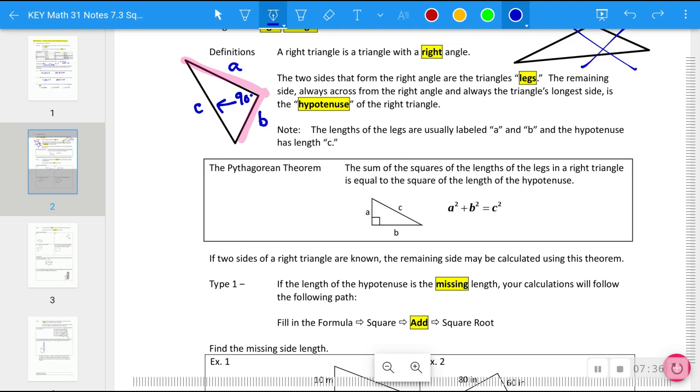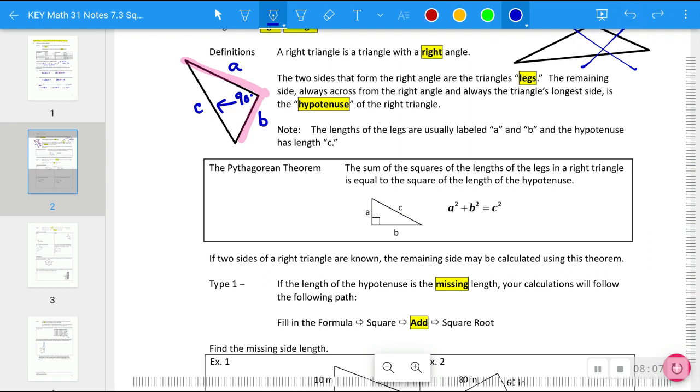Okay, the sum of the squares of the lengths of the legs of a right triangle. So that's a mouthful. The sum of the squares of the lengths of the legs, the ones that make the 90-degree corner, is equal to the square of the length of the hypotenuse.